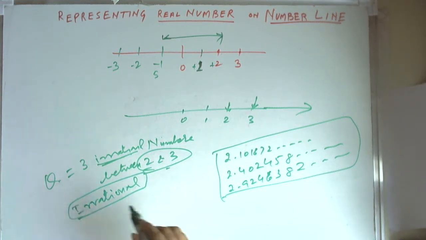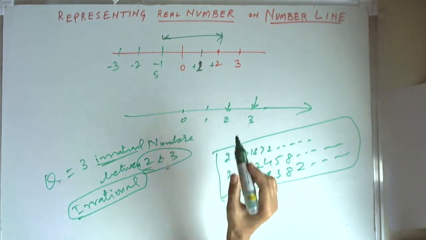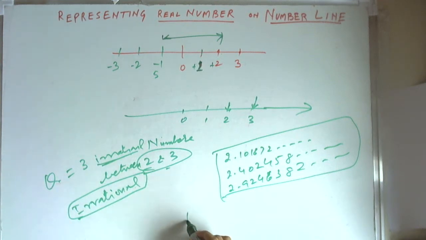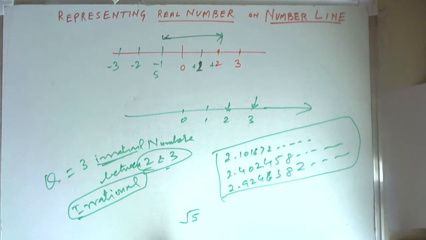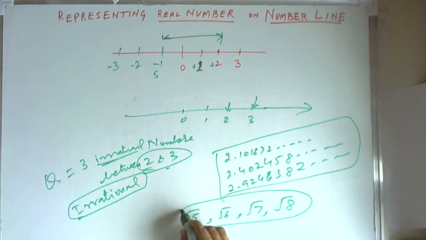And we can also write in the root form. For example, we know that anything like root 5 will be greater than 2 and will be less than 3. Root 5, root 6, root 7, root 8 will all lie between 2 and 3, and they are irrational numbers.